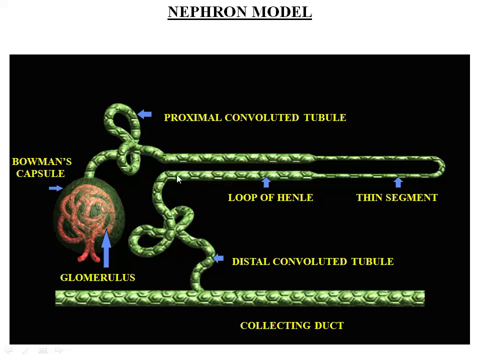Now, when this tube again goes forward as the distal convoluted tubule, there you will find the cell type is again cuboidal, but the surface area is flat with almost no brush border.